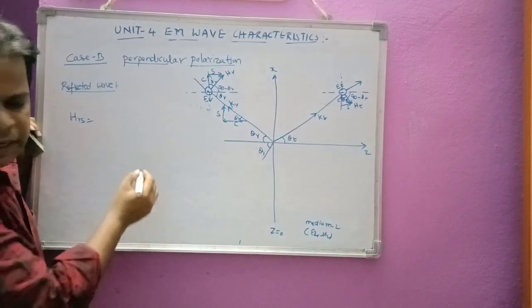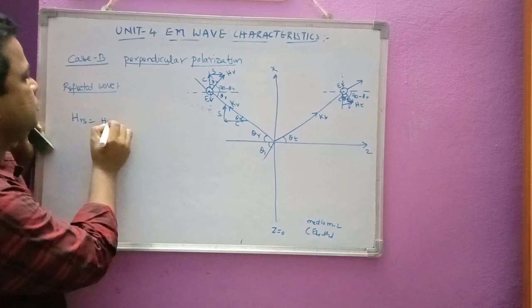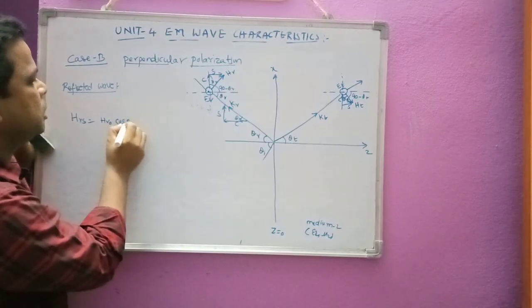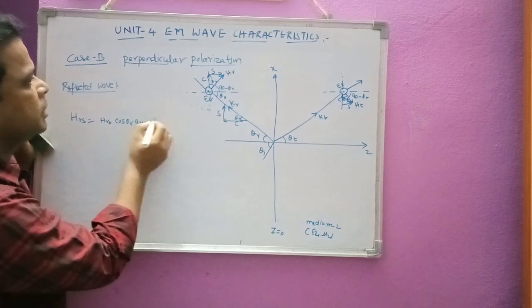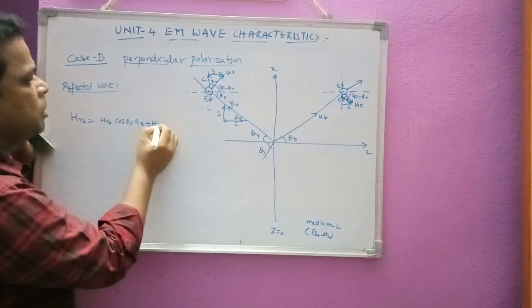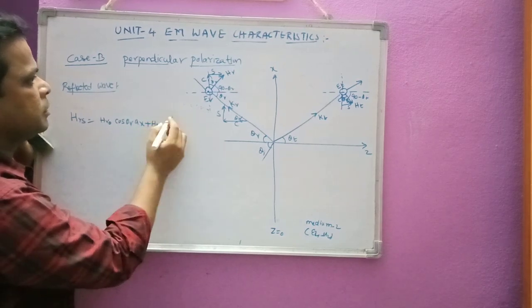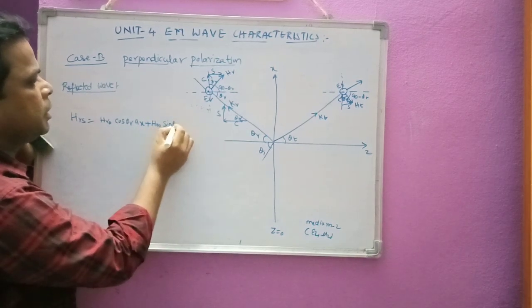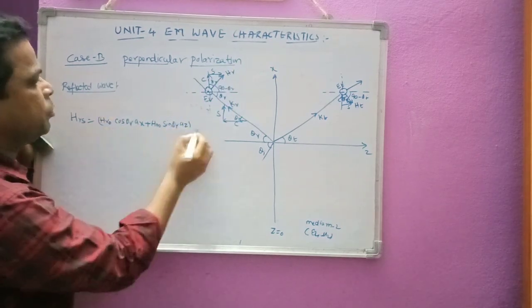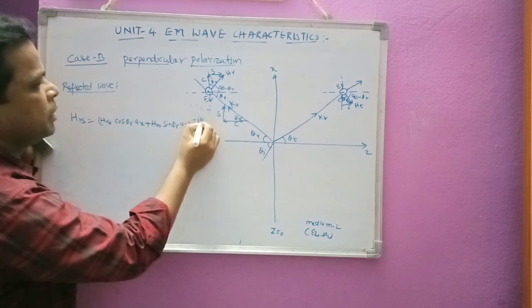Okay, now I can write here HR naught cosine component, that is cos theta r ax, and sine component is along the positive z direction, that is HR naught sin theta r into az into e power minus j kr dot r.